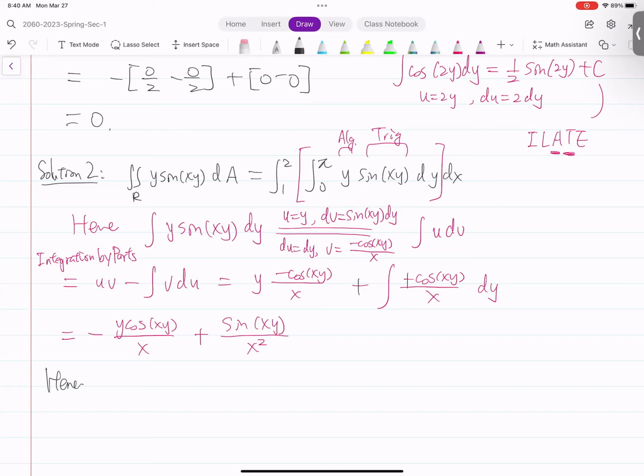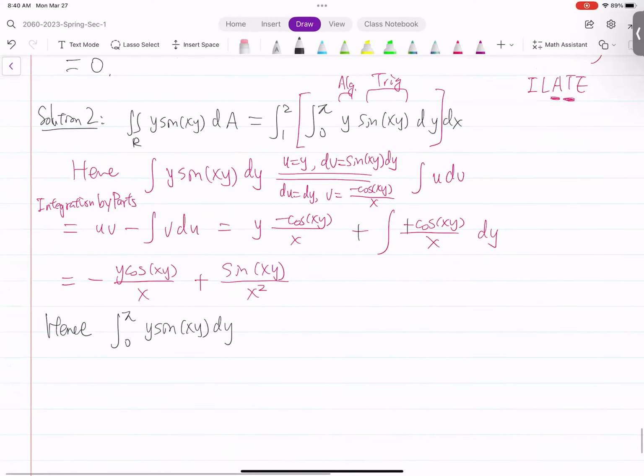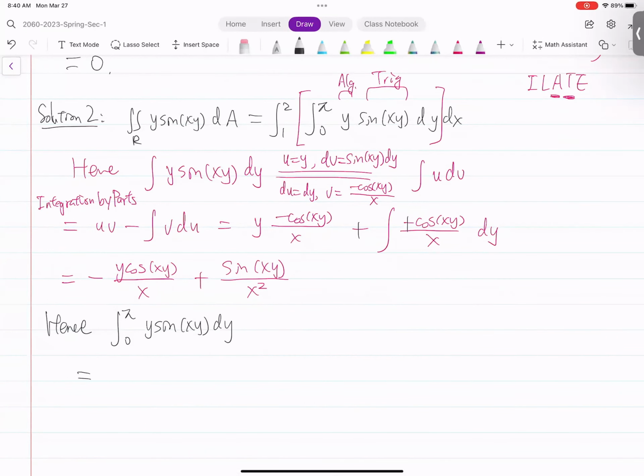Hence, the integral from 0 to pi of y sine of xy dy is going to be this function, negative y cosine of xy over x plus sine of xy over x squared, evaluated at y equal to 0 and y equal to pi.